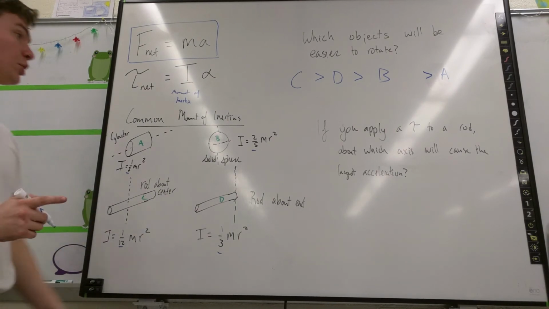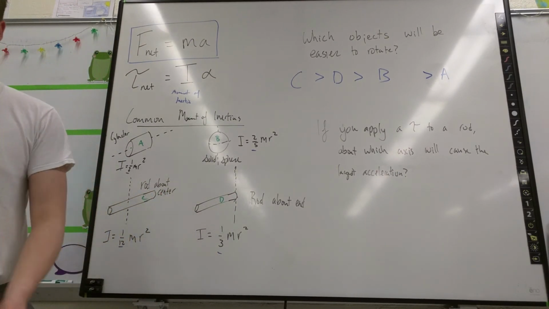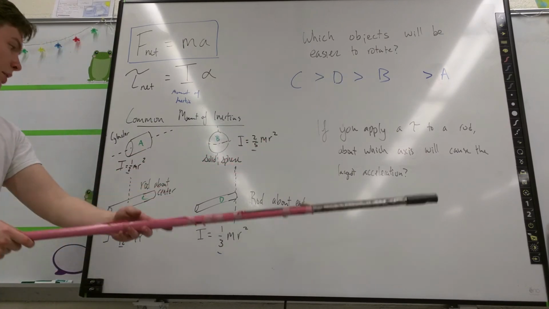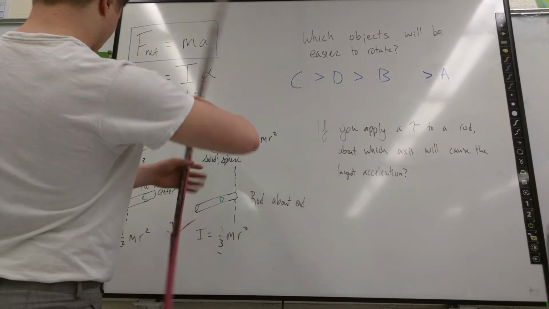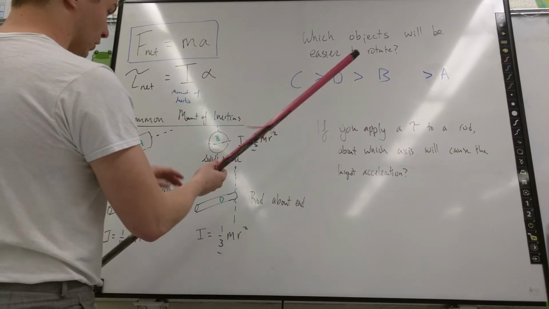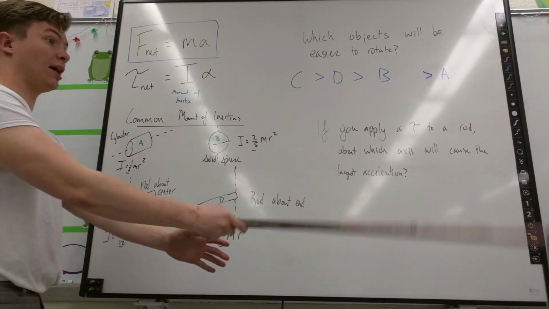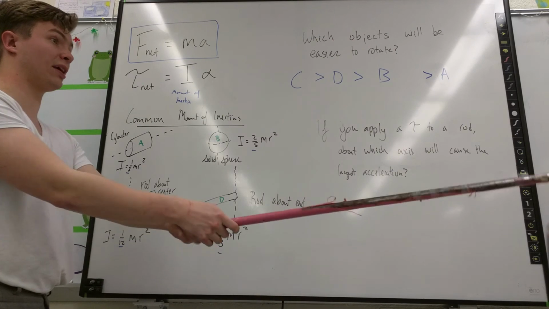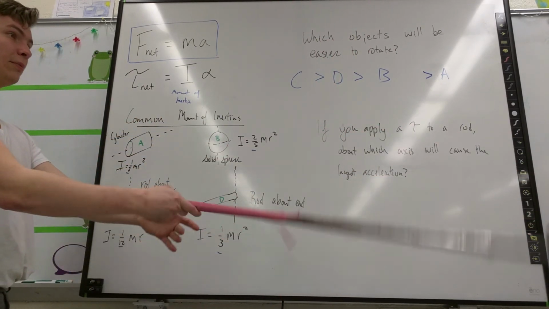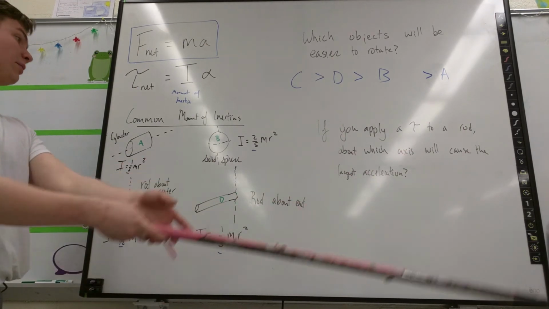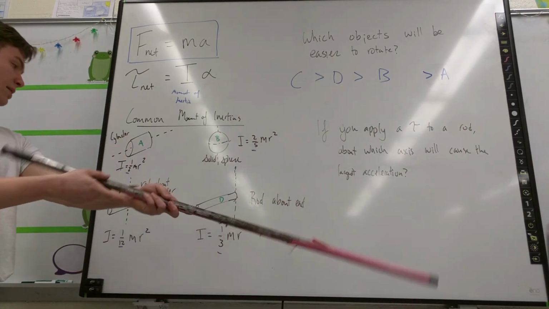And if you apply a torque to a rod, so I've got this rod, and I'm going to consider either turning it about the middle, so that's what the picture is showing, rod about the center, or rod about the end. Well, you should already have some idea in your mind about which one would be harder to accelerate, even without knowing the mathematics behind this.